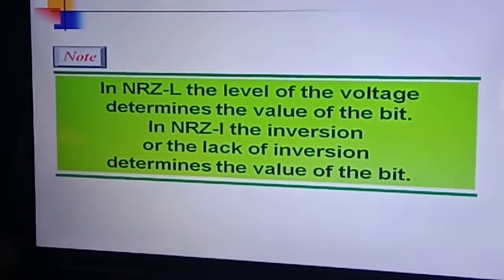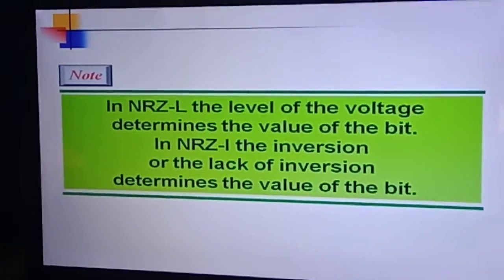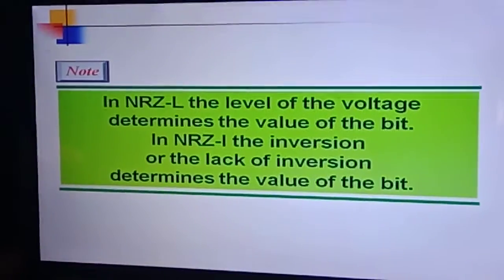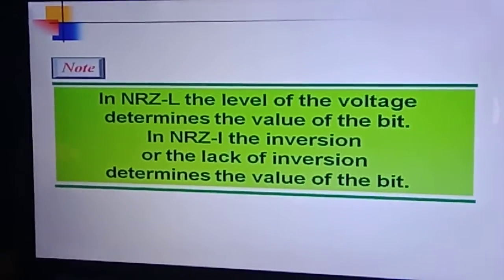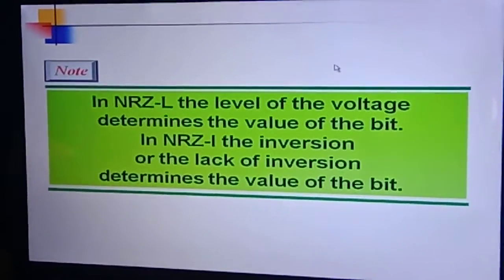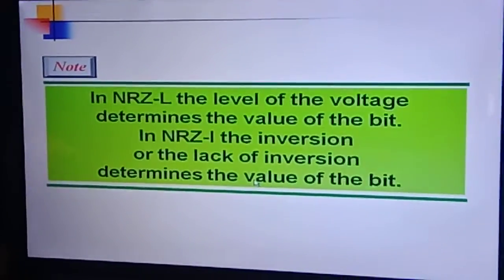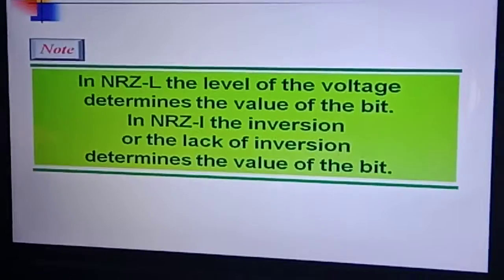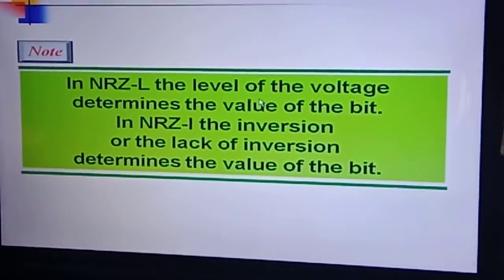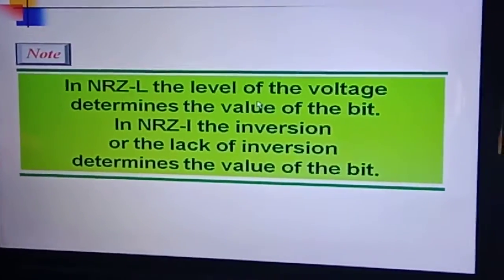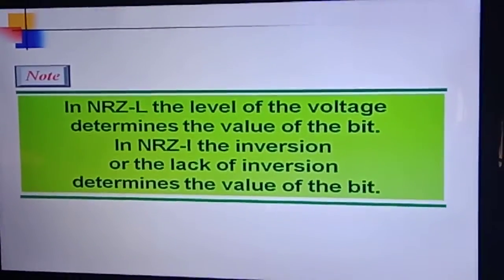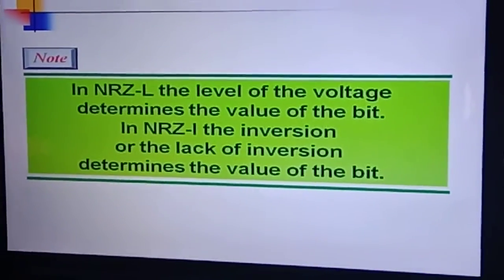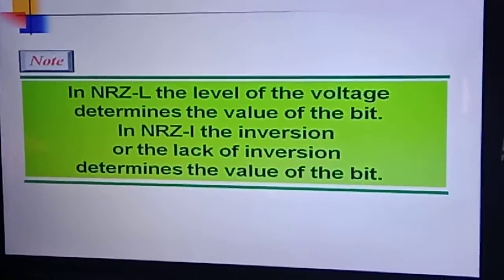In non-return to zero level, the voltage level, either positive or negative, represents the bit, whether 0 or 1. But in non-return to zero inversion, the voltage change represents the bit value.